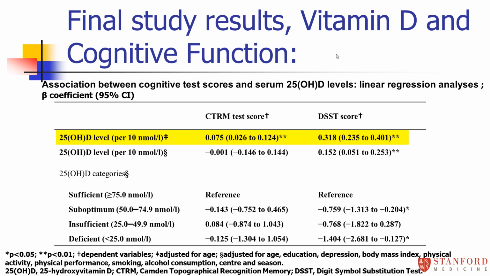So for example, the 0.318 beta coefficient, the way we would interpret that is, for every 10 nanomoles per liter increase in your vitamin D levels, your DSST score goes up by about 1/3 of a point. Just for comparison, remember that I made some mock data sets. The very low relationship one had a beta coefficient of 0.5.